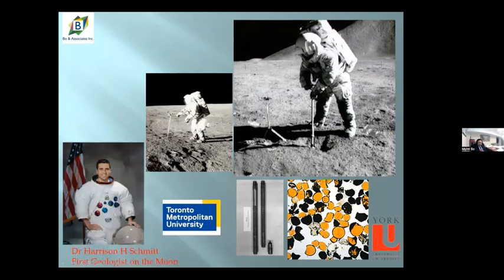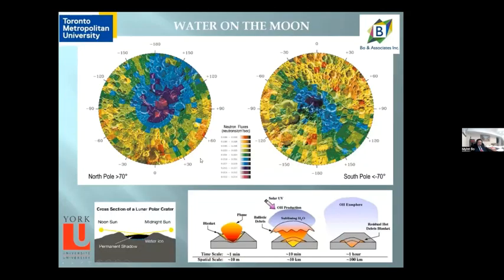Dr. Harrison Schmitt was the first geologist on the moon, and later he became a senator of the United States. About 20 years ago, using geological investigation methods of remote sensing, they managed to detect neutron flux at the north and south poles of the moon.